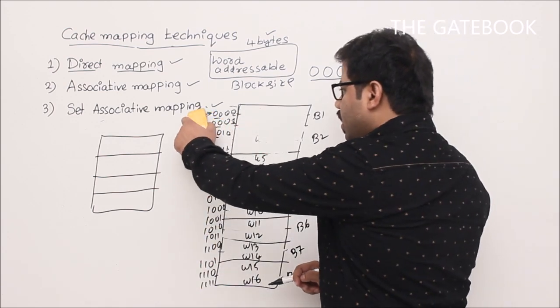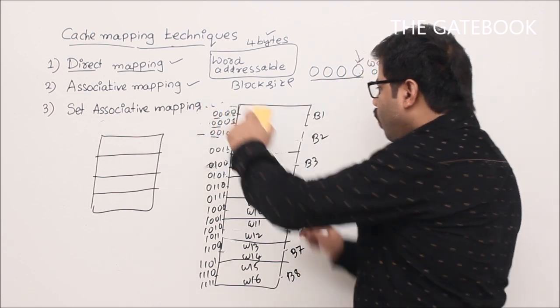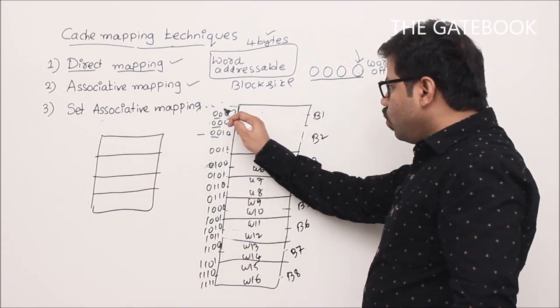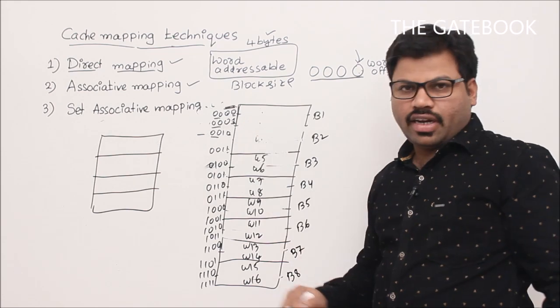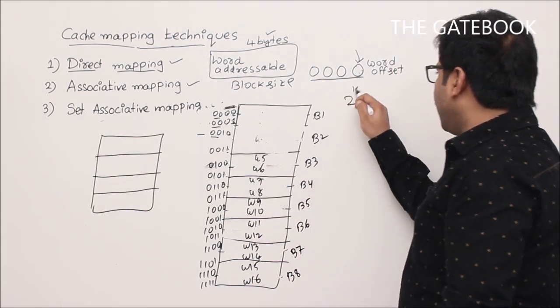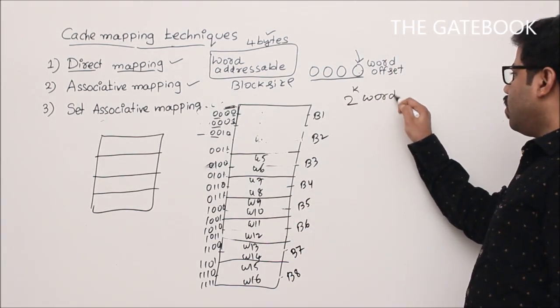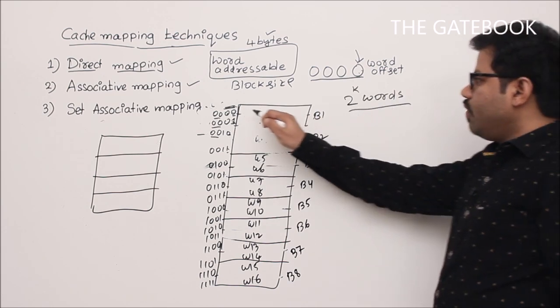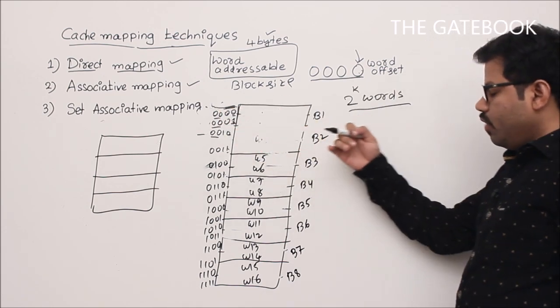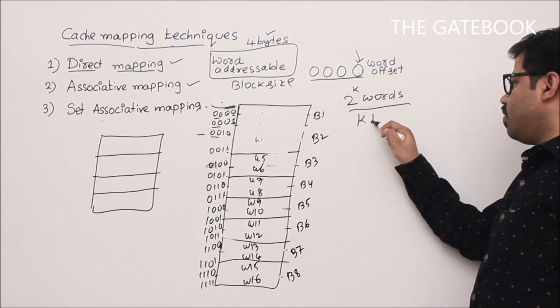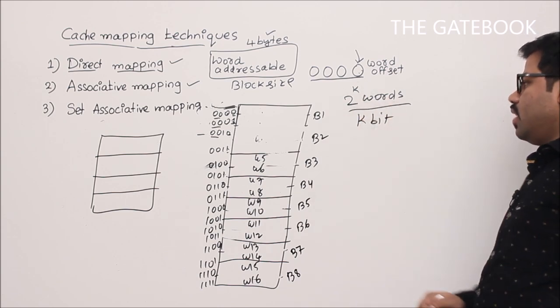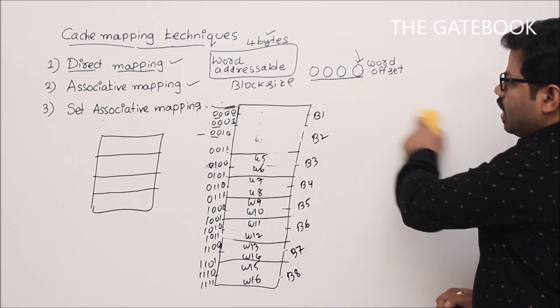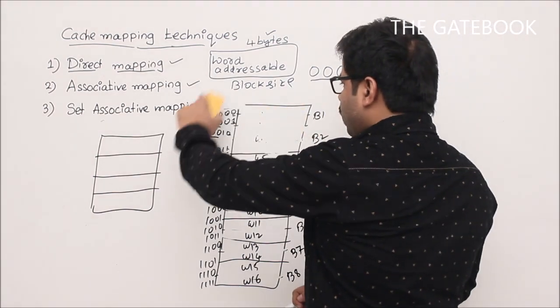So what I want to say is, when you have 4 words in a block, then these 2 bits will indicate that. If you have 2 to the power of k words in a block, then k bits from the right side are required to differentiate them. Remember that point.